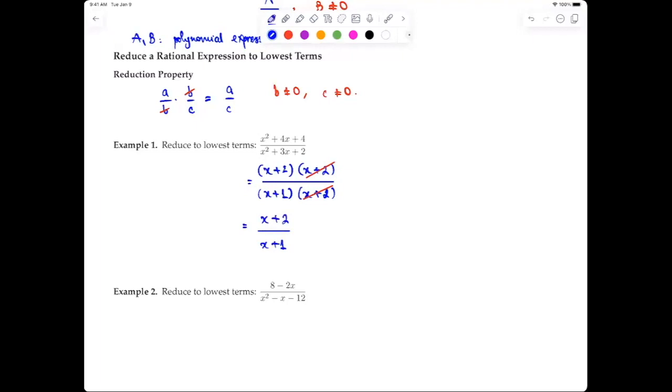Again, fractions impose conditions. So I'm going to impose that x plus 2 is different from 0, or x is different from -2, and x plus 1 is different from 0, or x is different from -1.